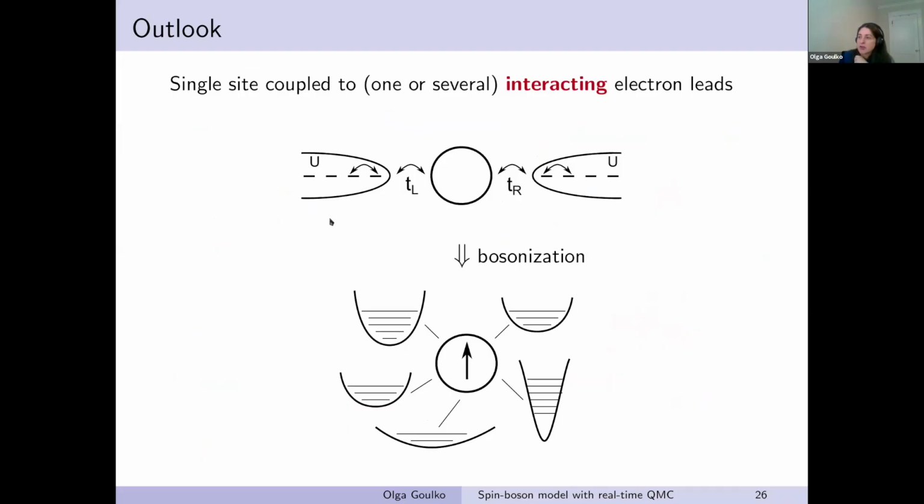As opposed to non-interacting leads, there are situations where interactions in the leads can play a role, and it would be interesting to see via this mapping what we can learn from a Spin-Boson-like model. And because this model is very simple, the bath is just a harmonic bath, that would be a simplification.